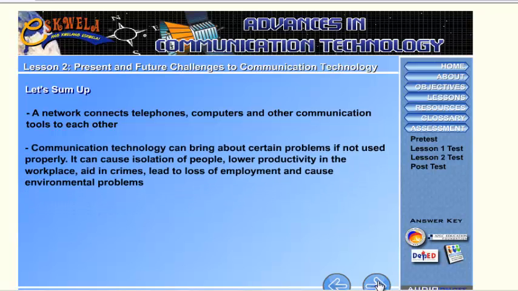Communication technology can bring about certain problems if not used properly. It can cause isolation of people, lower productivity in the workplace, aid in crimes, lead to loss of employment, and cause environmental problems. The following is a summary of its main points to help you remember them better. Let's sum up.